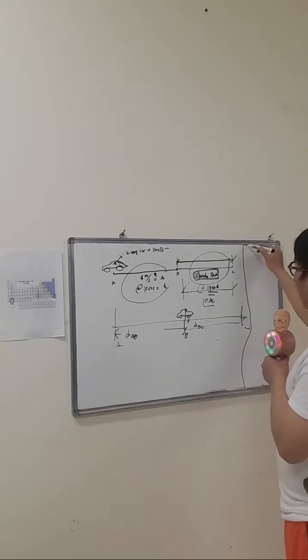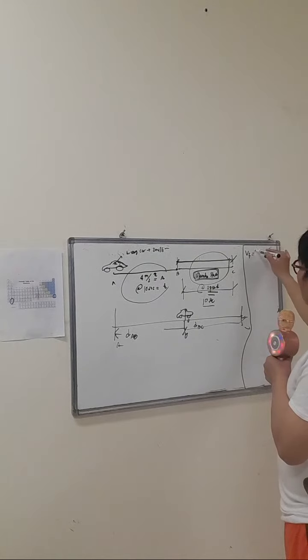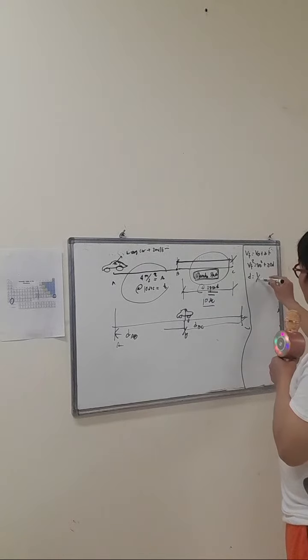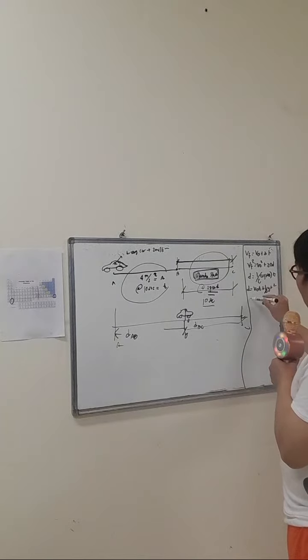So there's a lot of equations. Final velocity is equal to initial velocity plus at. Vf squared is equal to Vo squared plus 2ad. Distance is equal to 1/2 (Vf plus Vo) times t. d is equal to Vot plus 1/2 at squared.